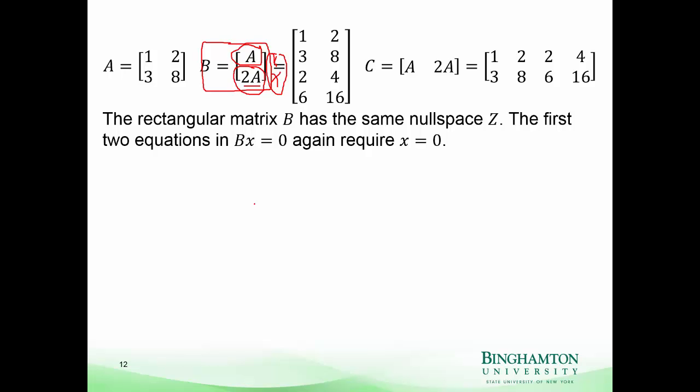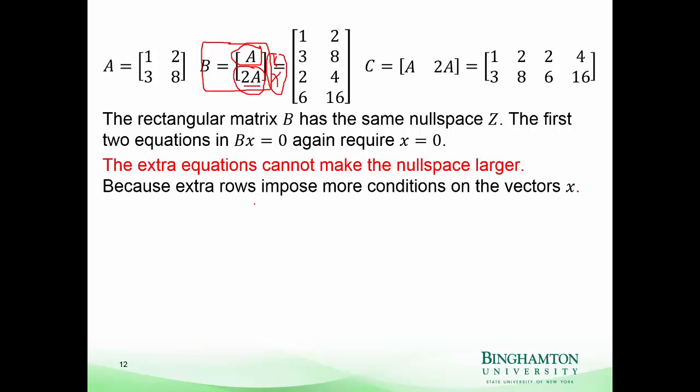So putting the thing at the bottom doesn't add any additional generality that allows us to get other solutions. They just impose further conditions on X, and so they can't loosen up the conditions.